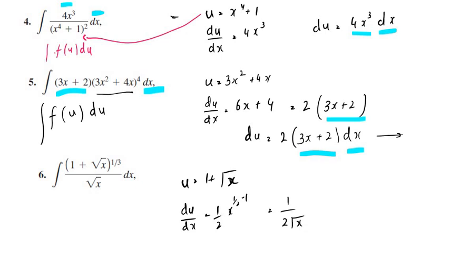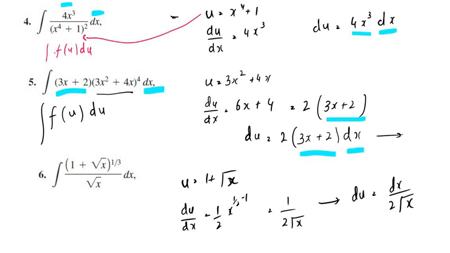So that implies du is equal to dx over 2 square root of x.